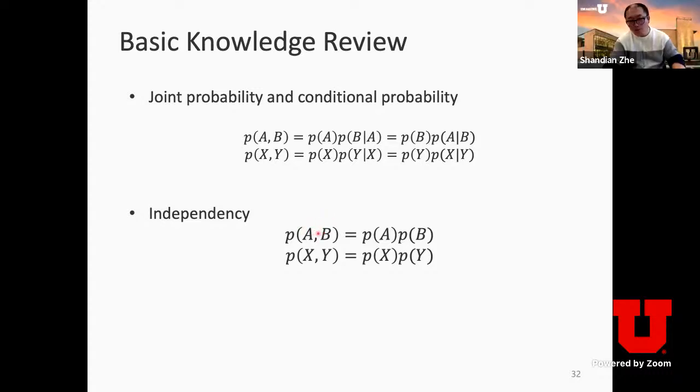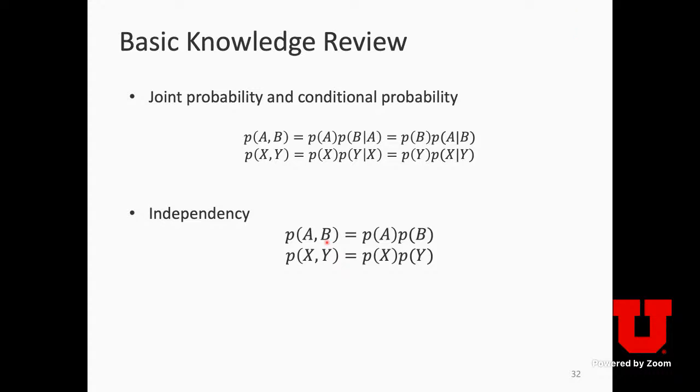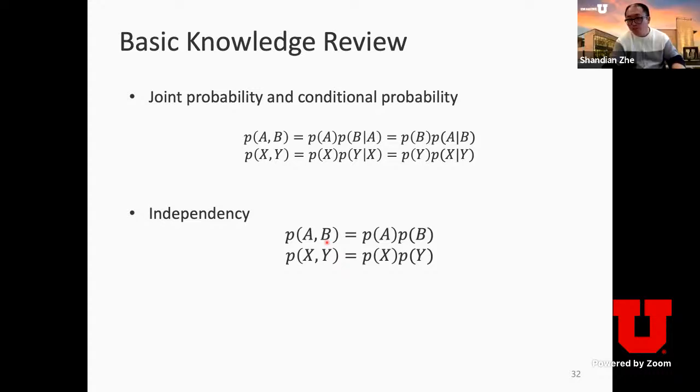In your textbook or notations, we just use A, comma B to represent A intersect B, because comma looks easier to write. And it's intersect, not union. Cool.